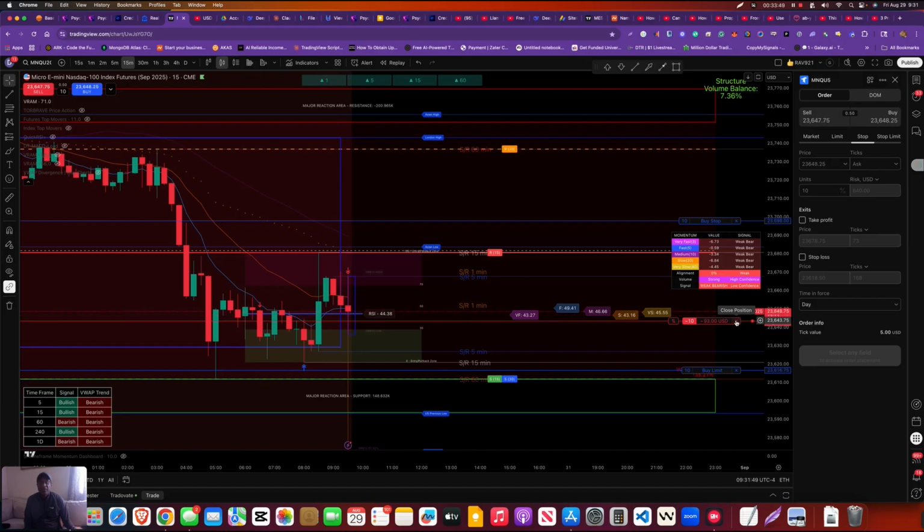It still has a little way to go to get to that wall, that 5-minute wall, and the 15-minute wall. I'm going to move this closer to here because I'll make less money, but I don't want to gamble.